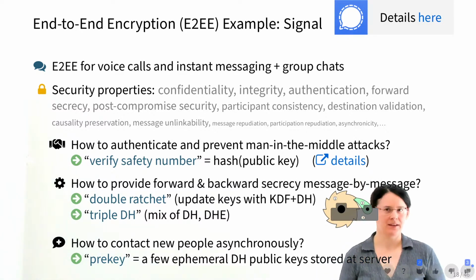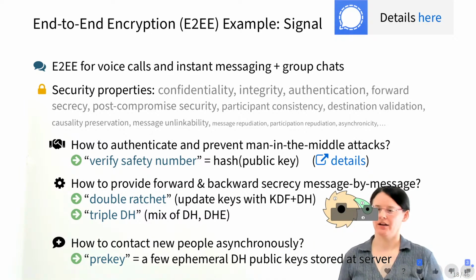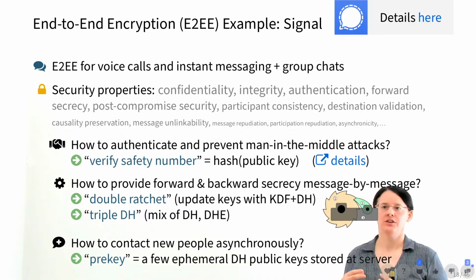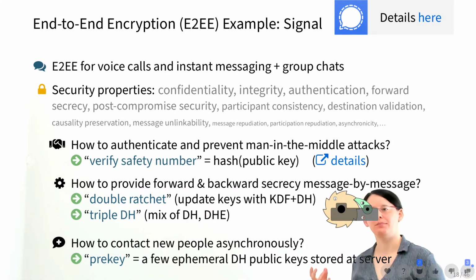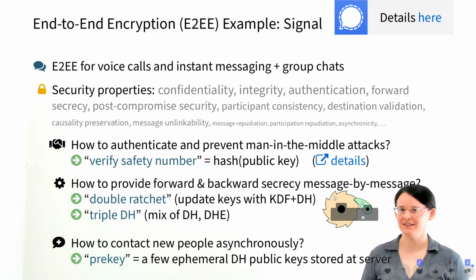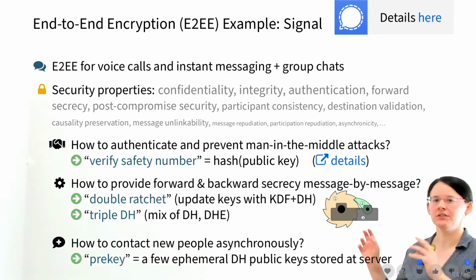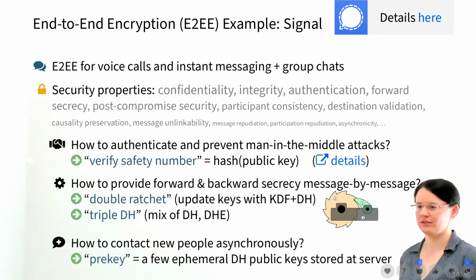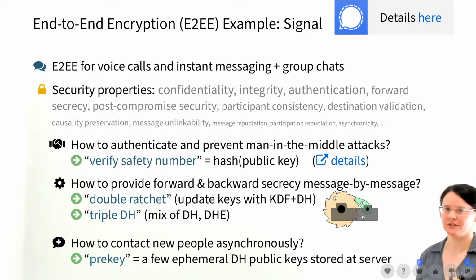What's a pre-key? If Alice wants to be prepared to receive messages from some new people while she's offline, she can pre-compute a few ephemeral Diffie-Hellman keys and give the public keys to the server. These are called pre-keys. Now somebody who wants to send something to Alice gets one of the pre-keys from the server, uses it for ephemeral Diffie-Hellman and sends it to Alice, and when Alice comes online she sees that somebody has used this one ephemeral key, so I use my ephemeral private key to decrypt it, and right afterwards I throw them away.